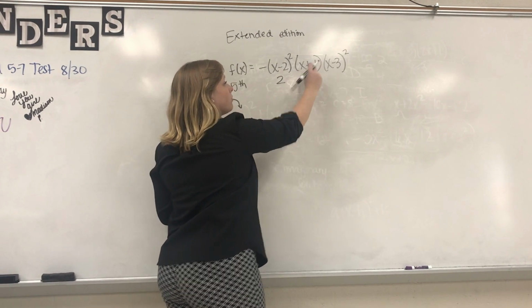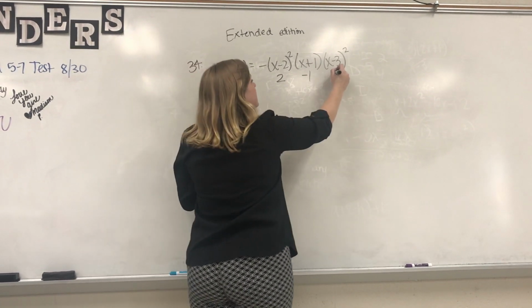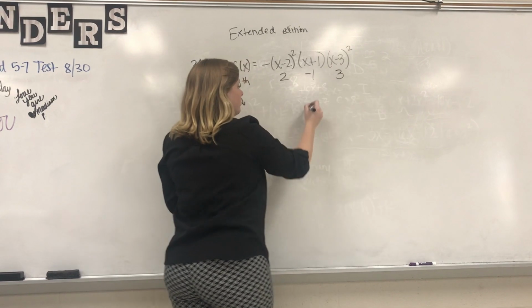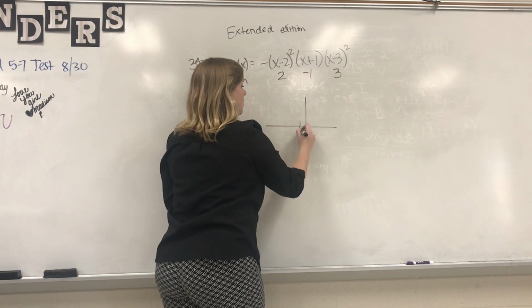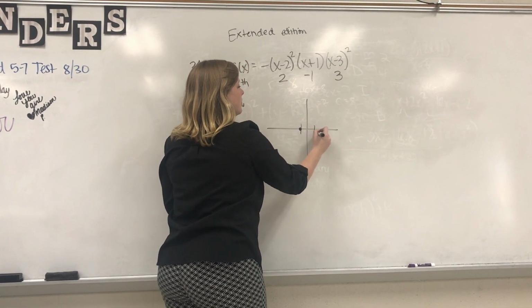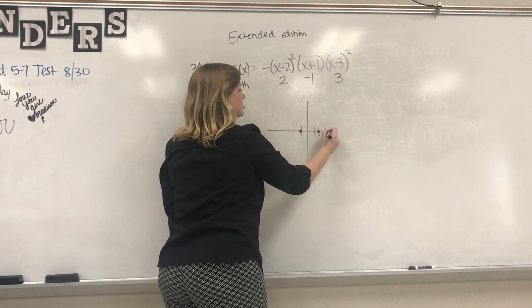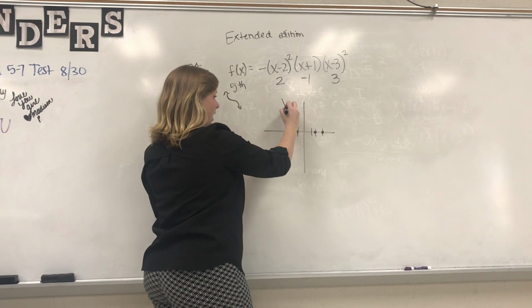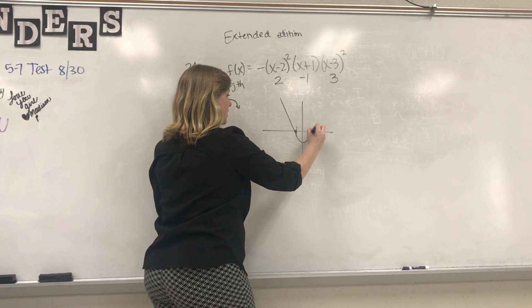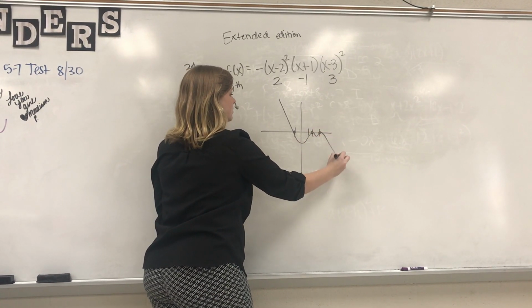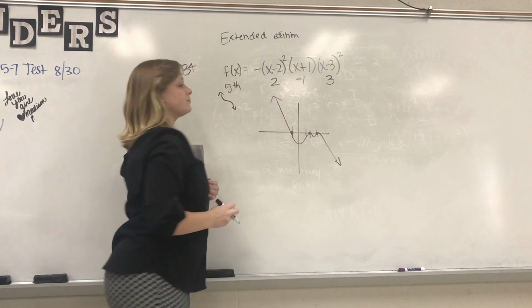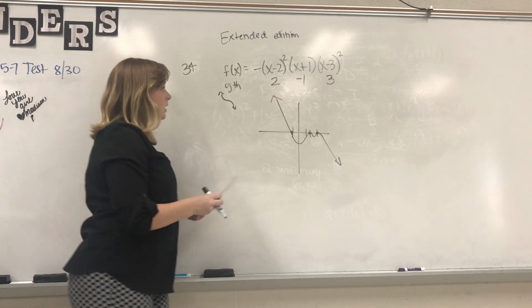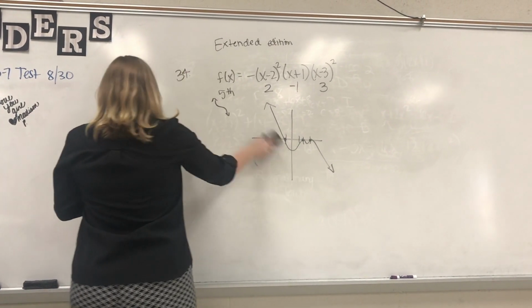It's going to go through at negative 1, and it's going to bounce again at positive 3. So, going through at negative 1, bouncing at 2, bouncing at 3. I start high, bounce, bounce, and end low. That's it. It's just a rough sketch.